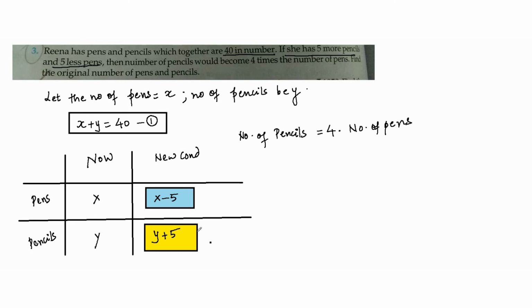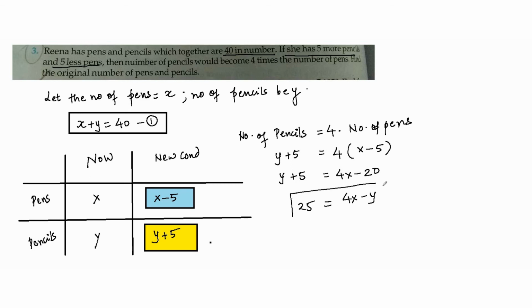What is the number of pencils after modification? It is y plus 5. It is going to be 4 times the number of pens after modification, which is x minus 5. Quickly rearranging the terms, y plus 5 is 4x minus 20, which means 4x minus y is 25. This is my second equation now.